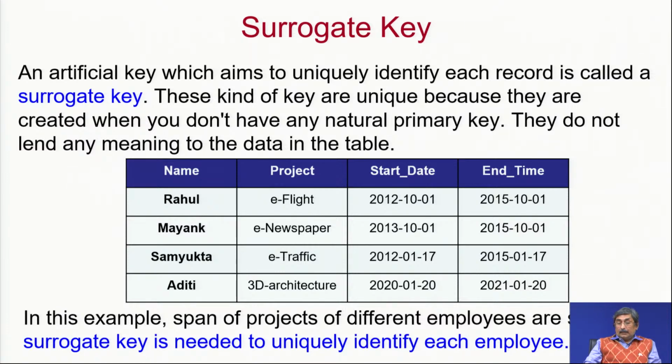Maybe the start date is the start date of many people in different projects, and the end date is also the same for many people in different projects, right. So, what I mean is none of these attributes even taken together maybe will constitute a primary key.